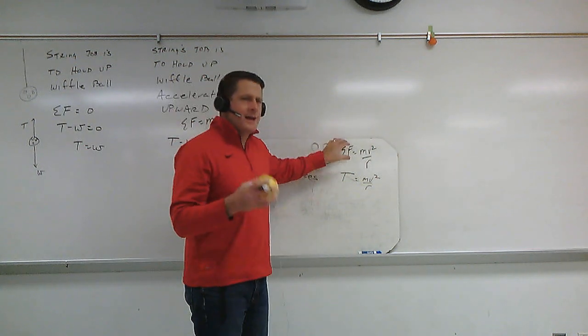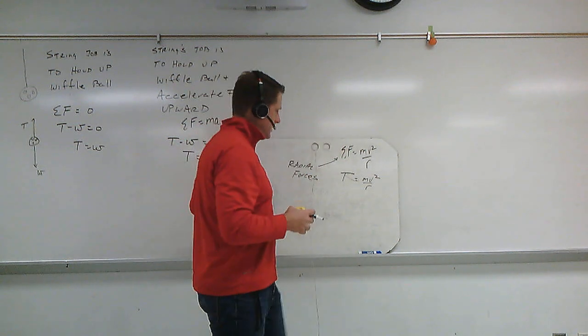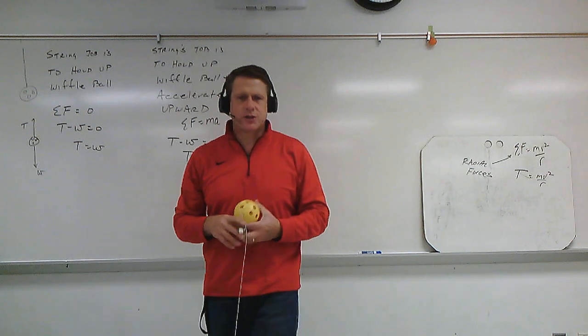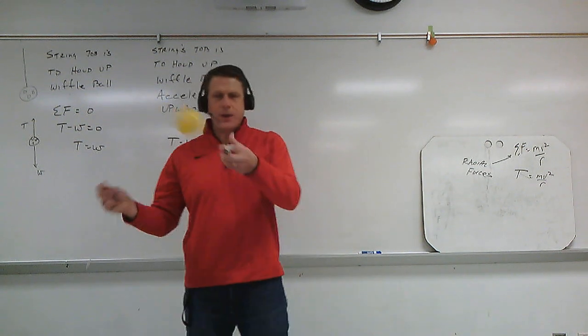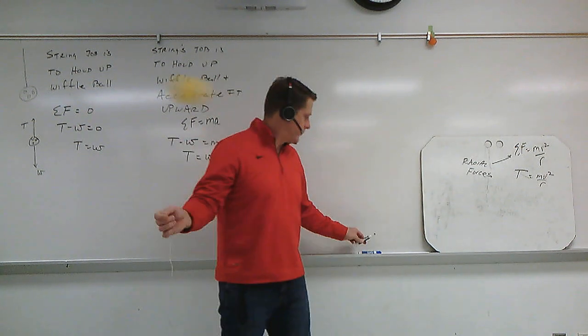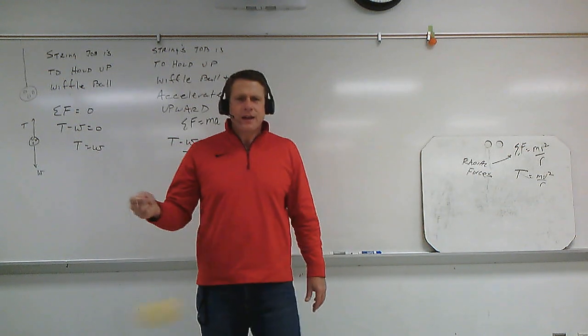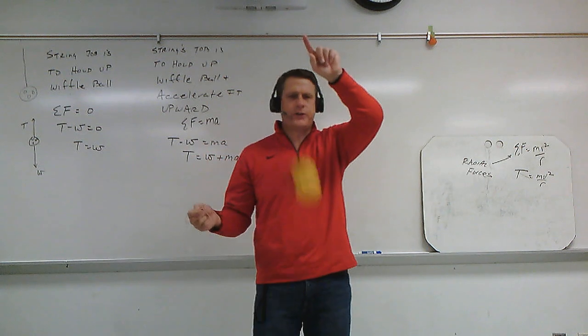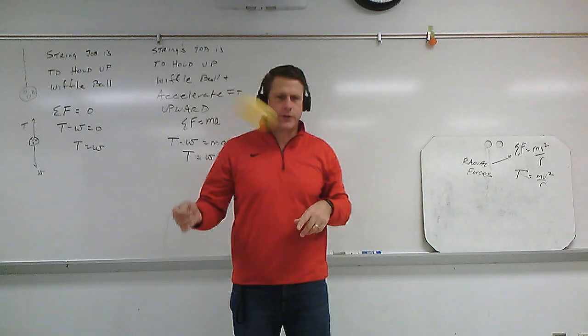Now, what makes our next situation different? I'm going to leave this on here for now. What makes our next situation different is that we make this circle vertical, and to make our lives easier, we're only going to talk about the very top of this circle and the bottom of this circle.